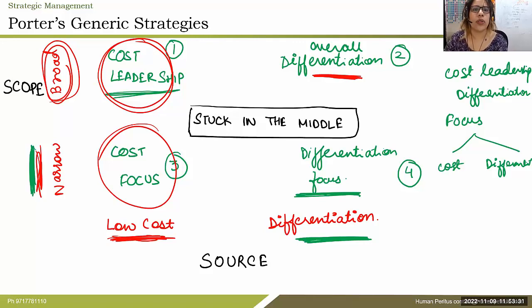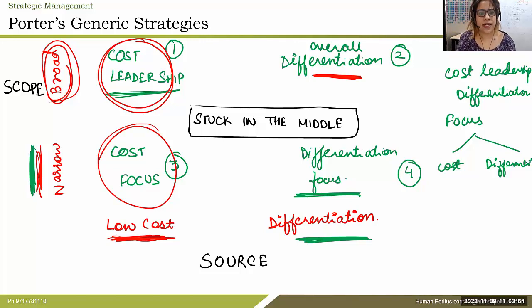Any question before we move to the practice questions? Please let me know. Also, I told you the stuck in the middle part, you have to choose any one option, right? If you try to make a chaos and opt for all three strategies together, then you get stuck in the middle.